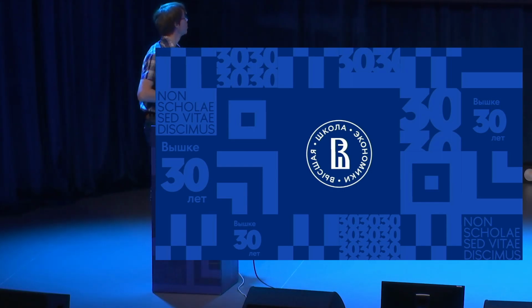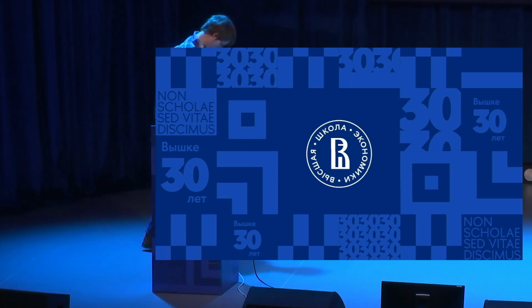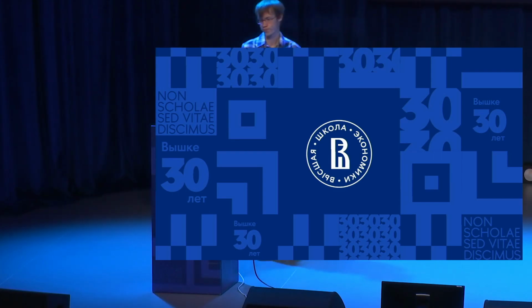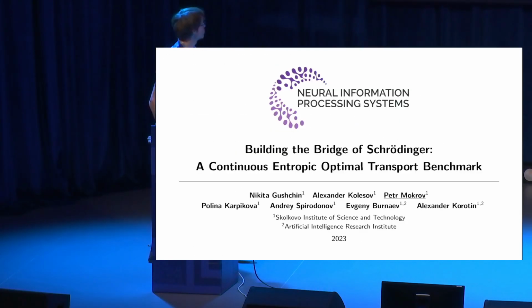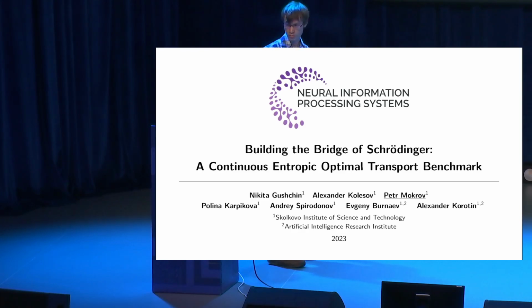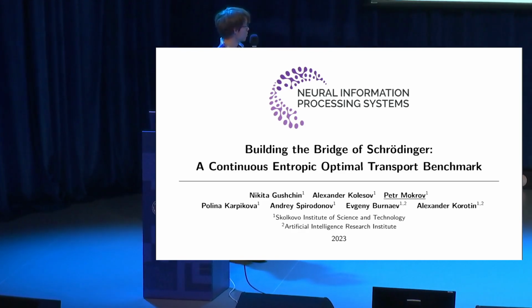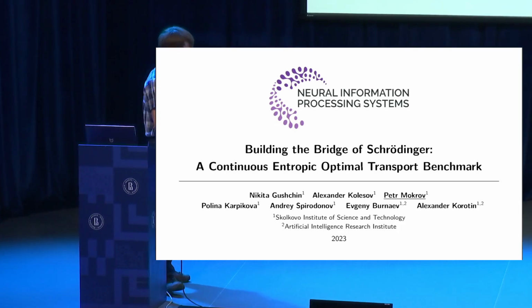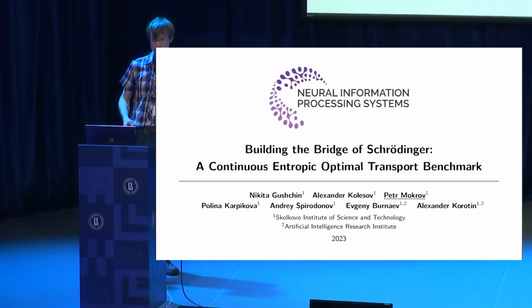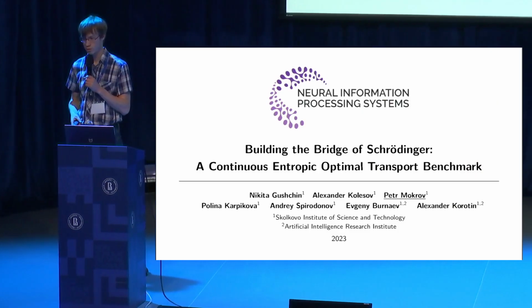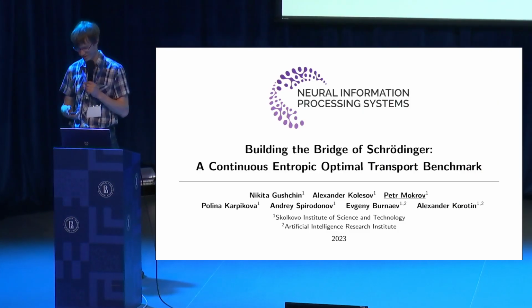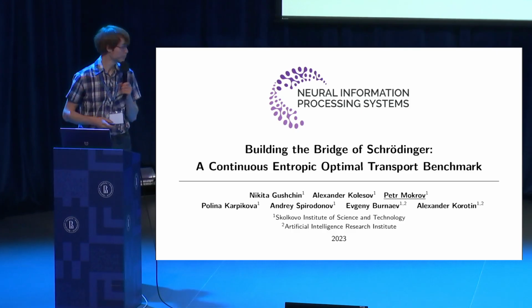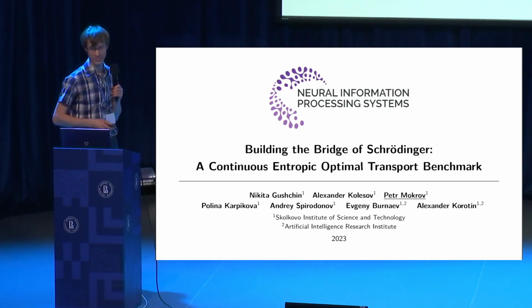So it will be also about Schrödinger, building the bridge of Schrödinger, a continuous entropic optimal transport benchmark. I expect that we again start from some definitions of optimal transport. Yes, we have a clicker. Can I start? Yeah, during dinner it will be the main question. I think we will ask to give a definition of optimal transport. Okay, please start, yeah.